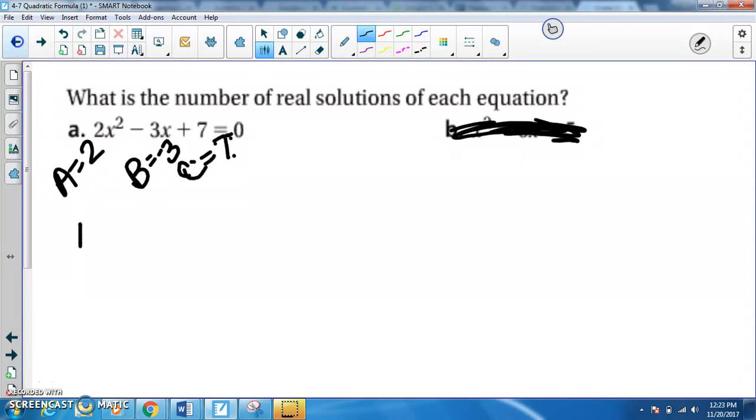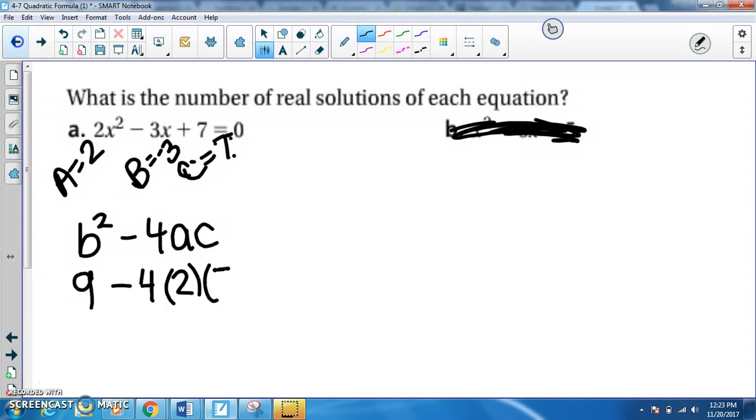Plug into your discriminant, which is b squared minus 4ac. b squared is 9, because negative 3 times negative 3 is 9, minus 4 times 2 times 7. 4 times 2 is 8. 8 times 7 is 56. 9 minus 56 is negative 47.